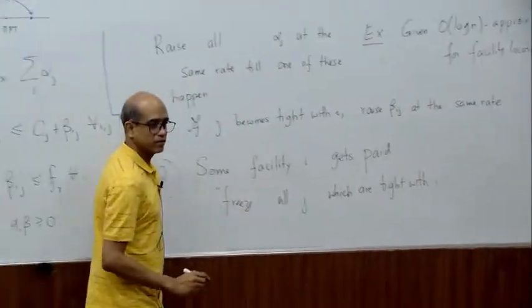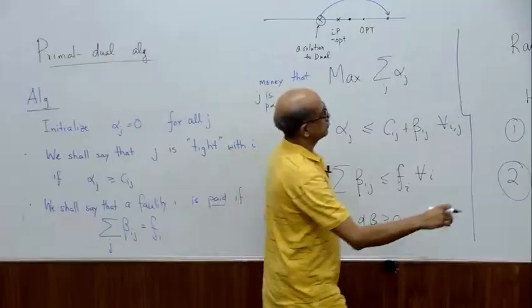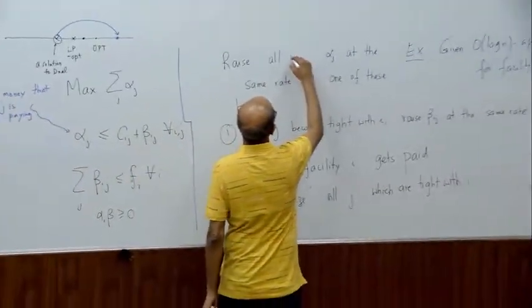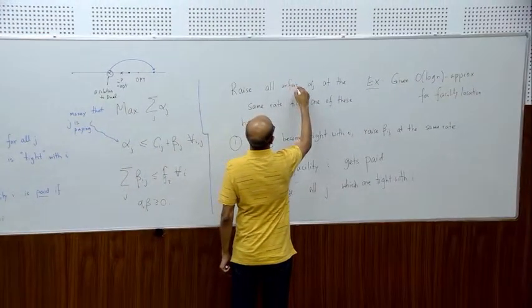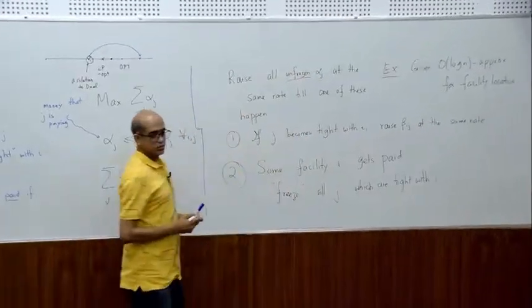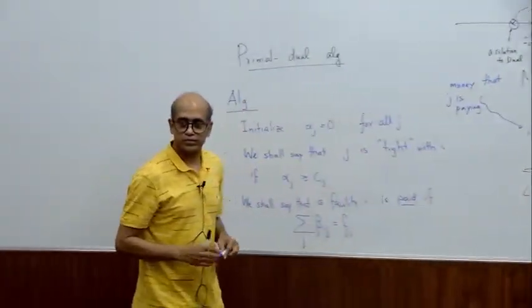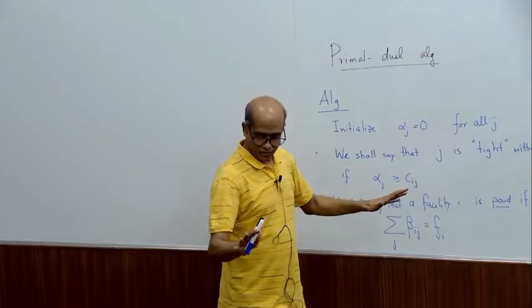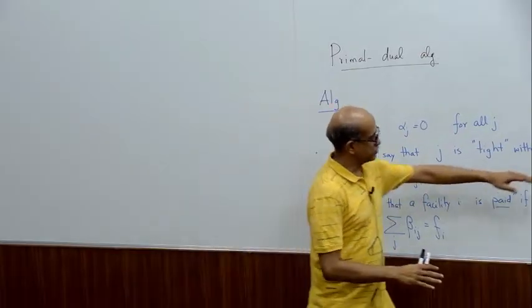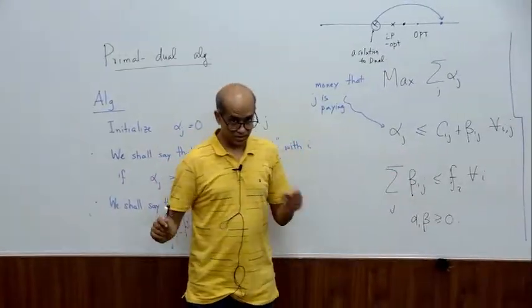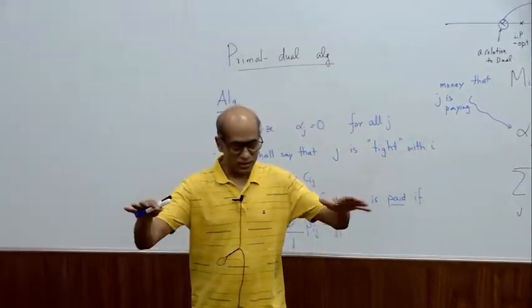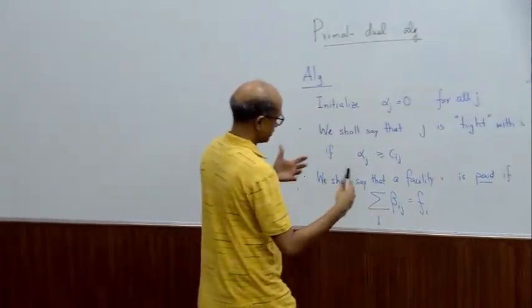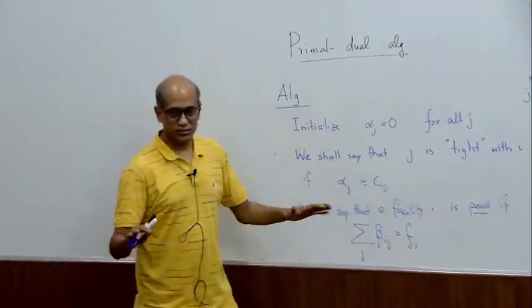Can't raise them anymore. So you raise only the unfrozen ones, the ones which are not frozen. Initially everybody is unfrozen. As time goes along, if your alpha j reaches some Cij, then you also have to raise beta ij. If the beta ij's reach some Fi, you will stop.